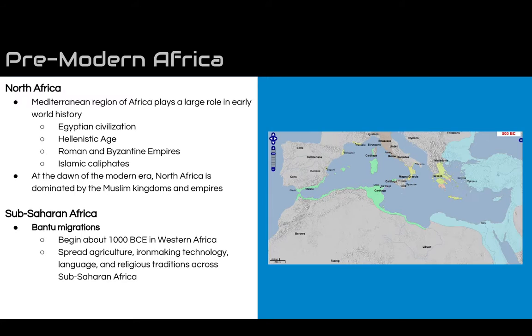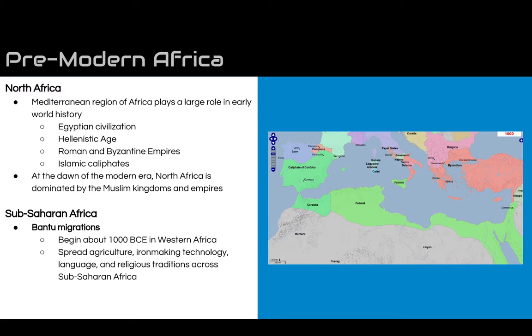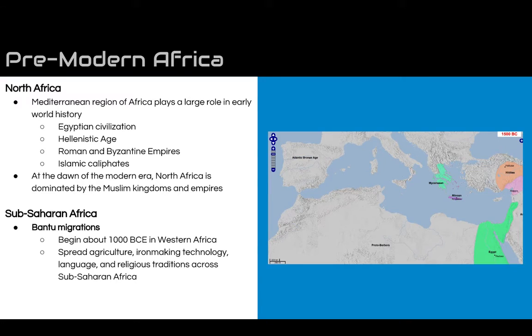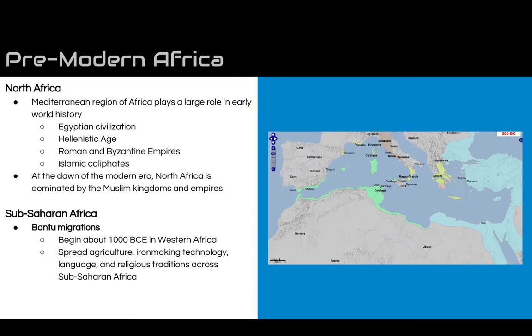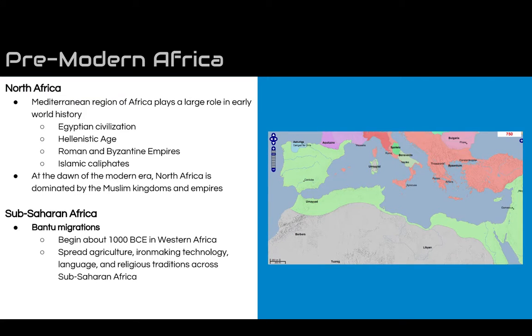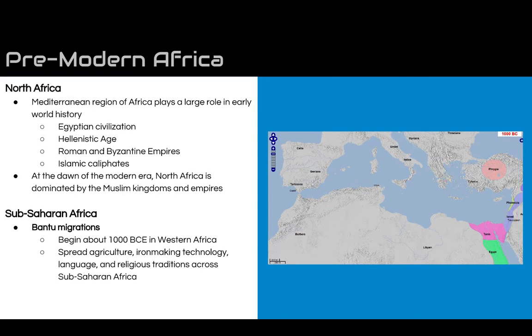So first of all, if we look at pre-modern Africa, through our studies, especially focusing on the Mediterranean, I hope you understand that North Africa was extremely important, not only for being the home of the Egyptian civilization, but also being an important place during the Hellenistic age. The city of Alexandria was located in North Africa.